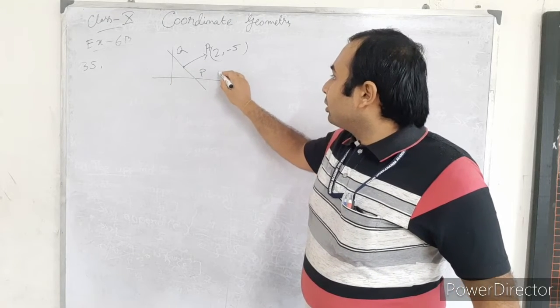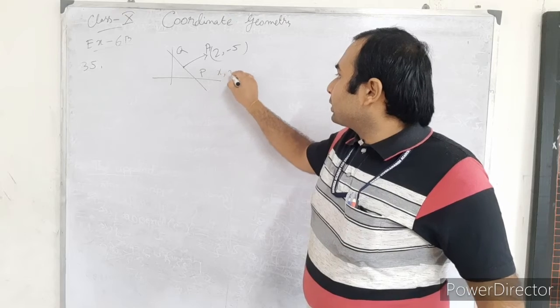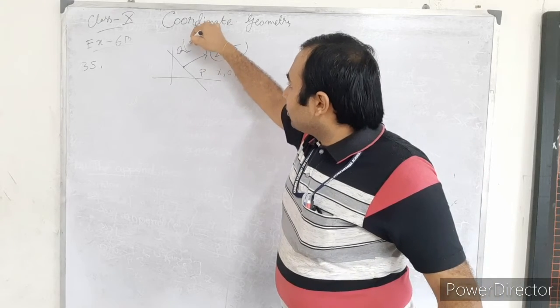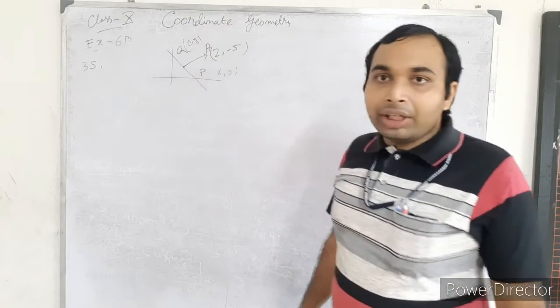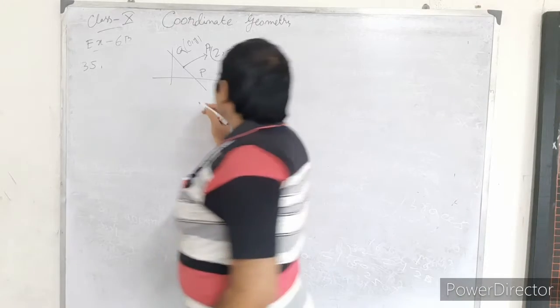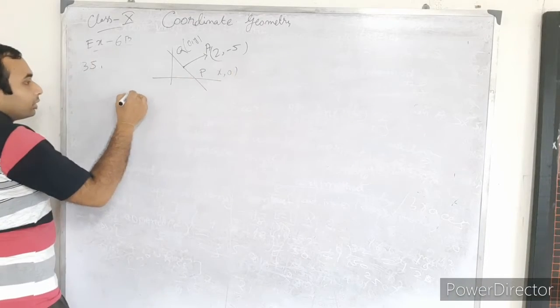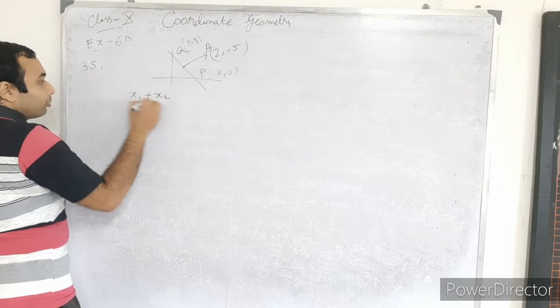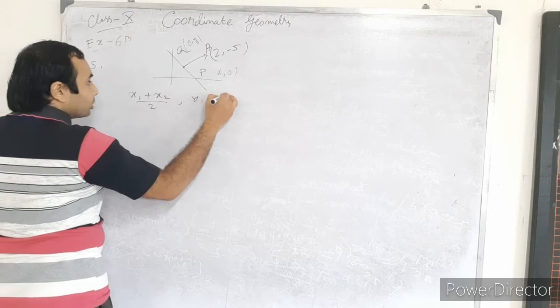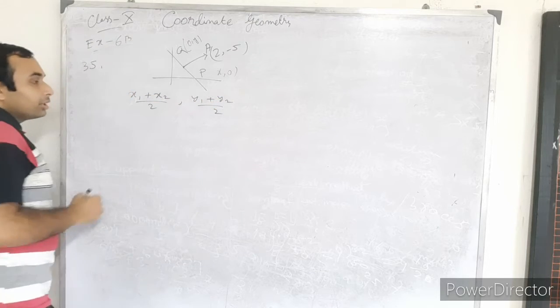Here P is of the form (x, 0) and Q is of the form (0, y). Midpoint means (x1 plus x2) by 2 and (y1 plus y2) by 2. This is the midpoint.